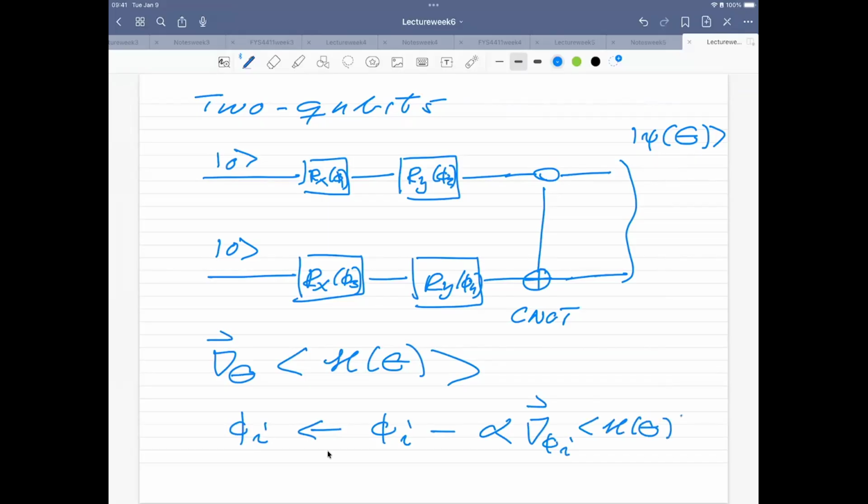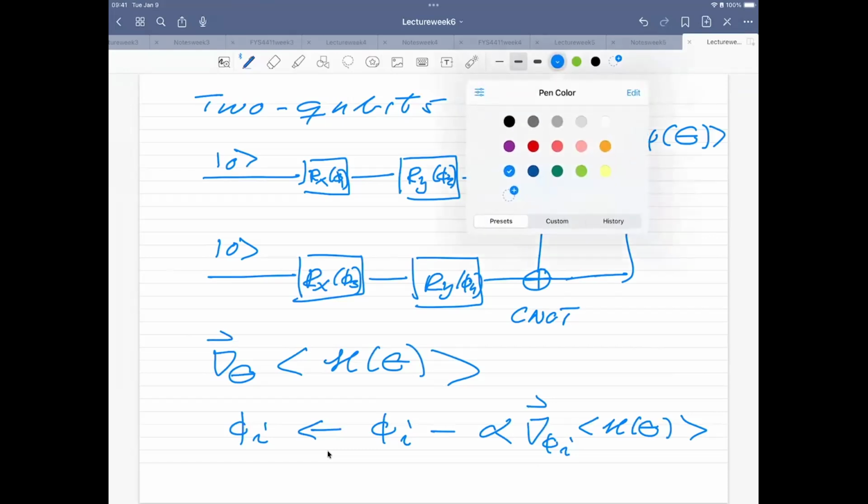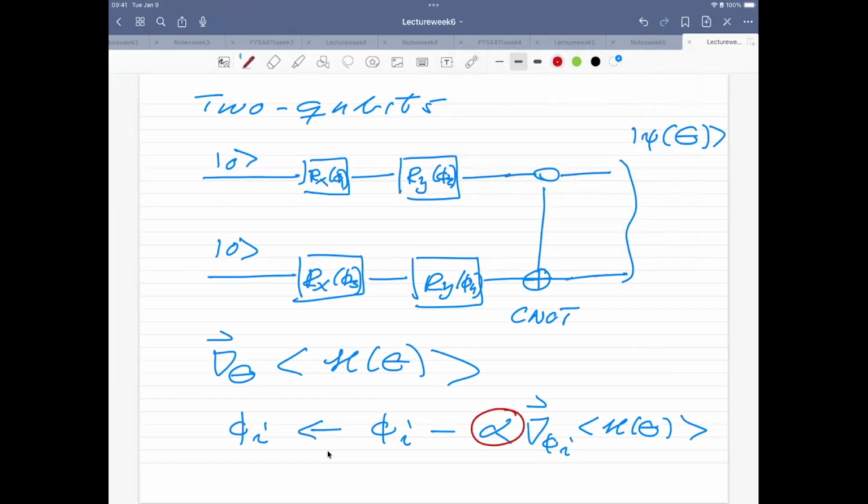So theta is a general container which contains all these angles phi of i. This is what we need to set up. That means that we need to set up alpha, which is normally called the learning rate, as a parameter. And obviously the results will depend on that learning rate.